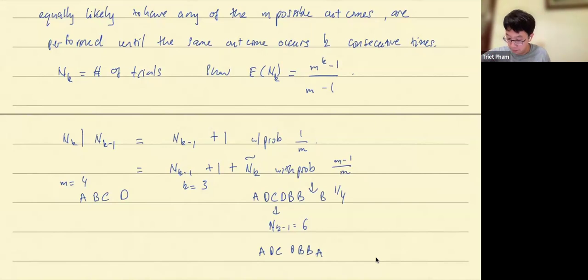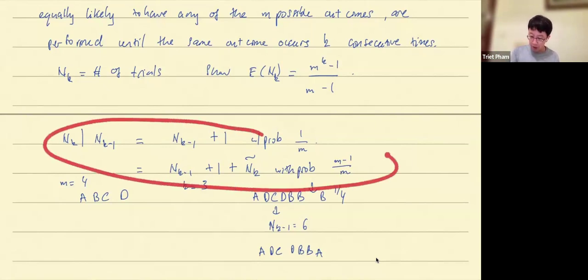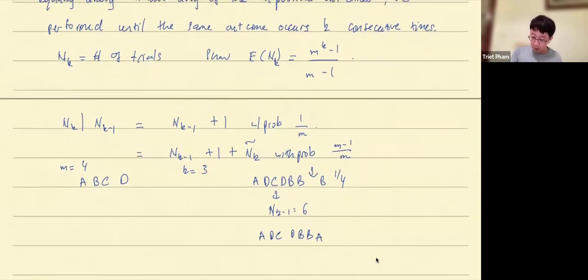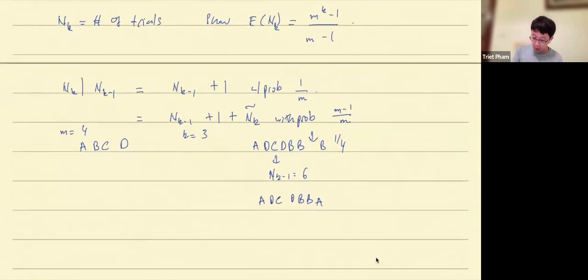Okay. So once you set up the calculation like this, then of course the first thing is to do the inner expectation. The inner conditional expectation will hit on N_k, which will just give you an expectation.